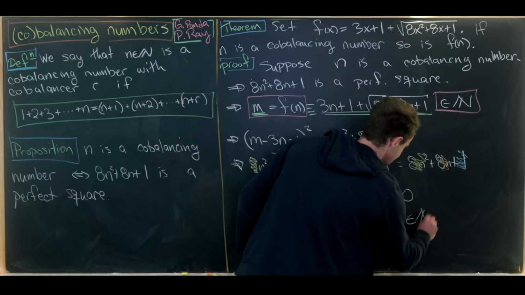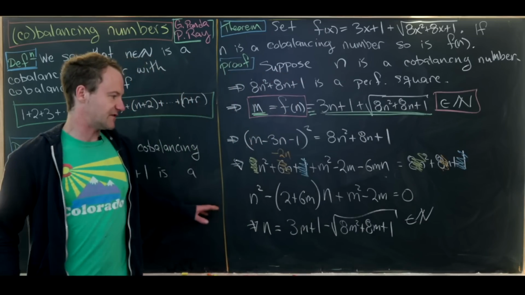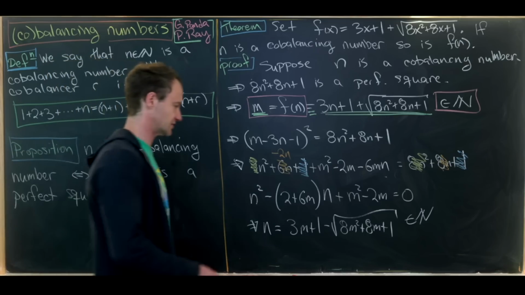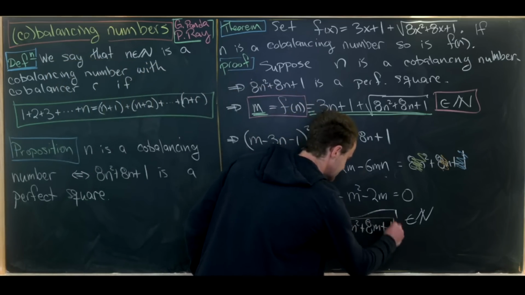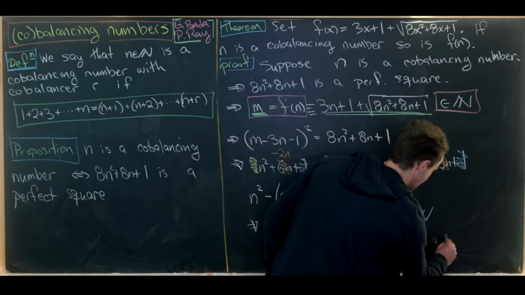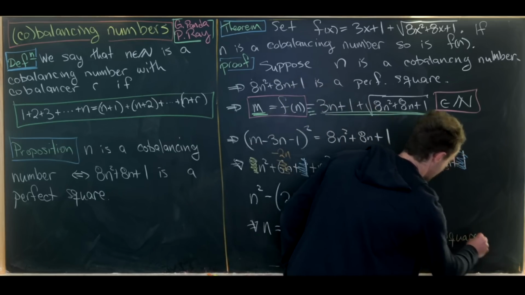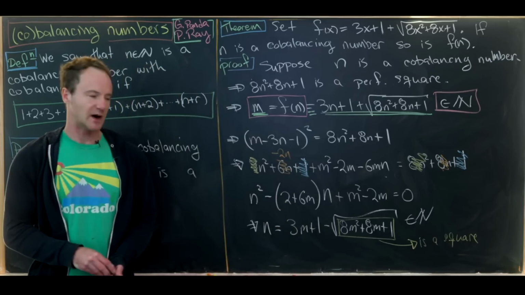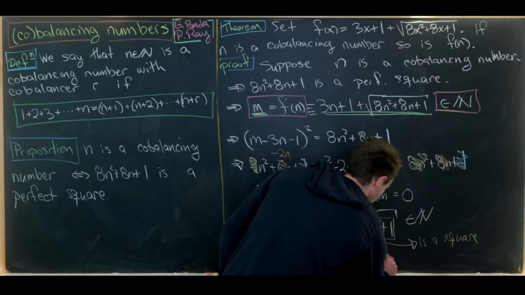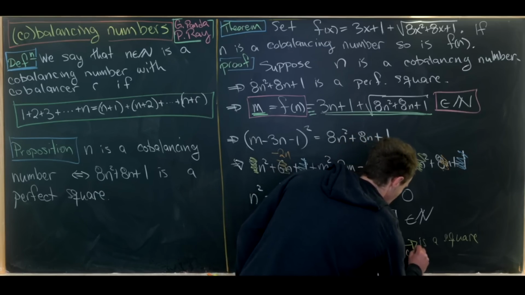So we have this thing is a natural number. But if this whole expression is a natural number, that means the square root is a natural number. But if the square root is a natural number, that means this thing that I've boxed in yellow is a perfect square. But if that thing that I've boxed in yellow is a perfect square, that means exactly what we want, and that is that m is co-balancing.